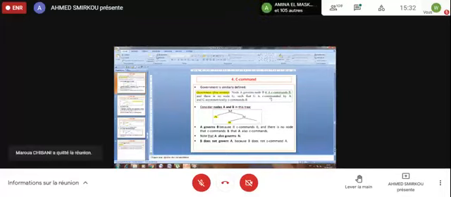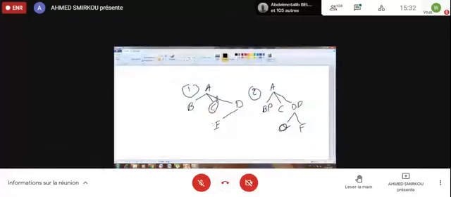It is secamented by A and asymmetrically secaments B, which means this intervening node, no problem. What is important is that it should be secamented by A, but it must asymmetrically secament B, which means if it symmetrically secaments B, we don't care, okay? But it must be asymmetrically secamenting the other.